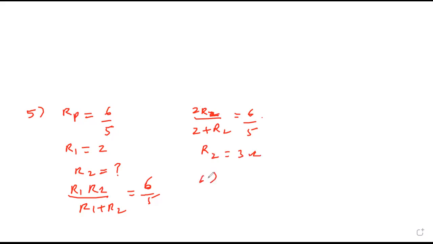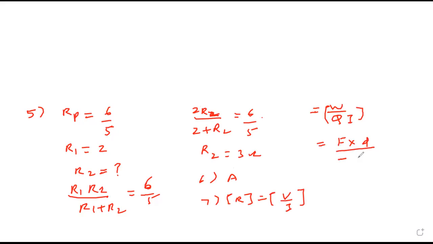Look at 6. Ohm's law deals with the relation between current and potential difference. 7. Dimension of resistance. Resistance, we all know it is V upon I. V is work done upon charge, into I. So work is force into displacement.